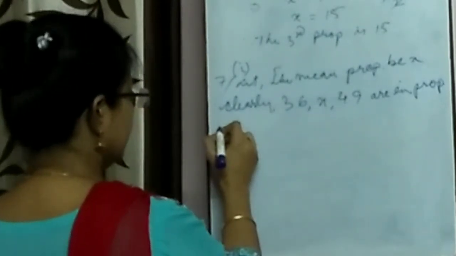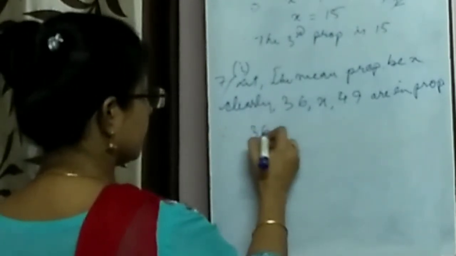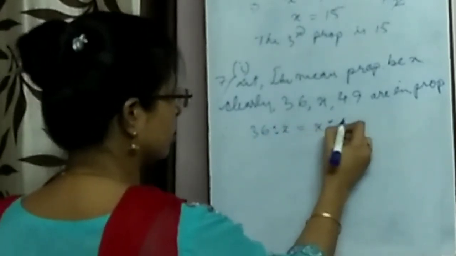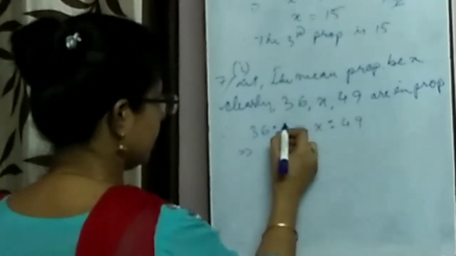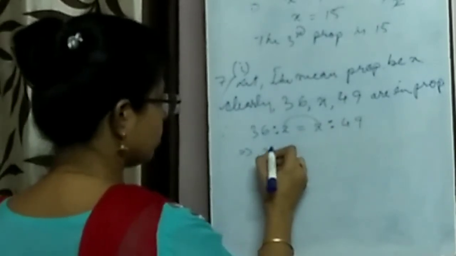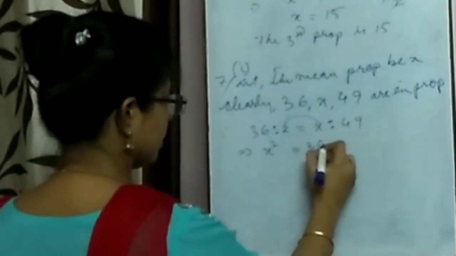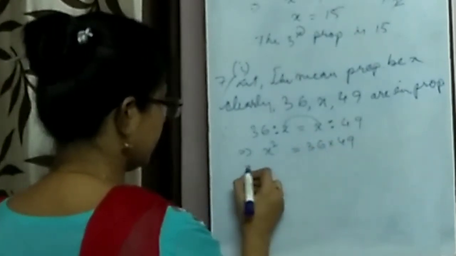Again we have 3, therefore what we get, 36 is to x is equal to x is to 49. x into x, so it will be x square, 36 into 49.